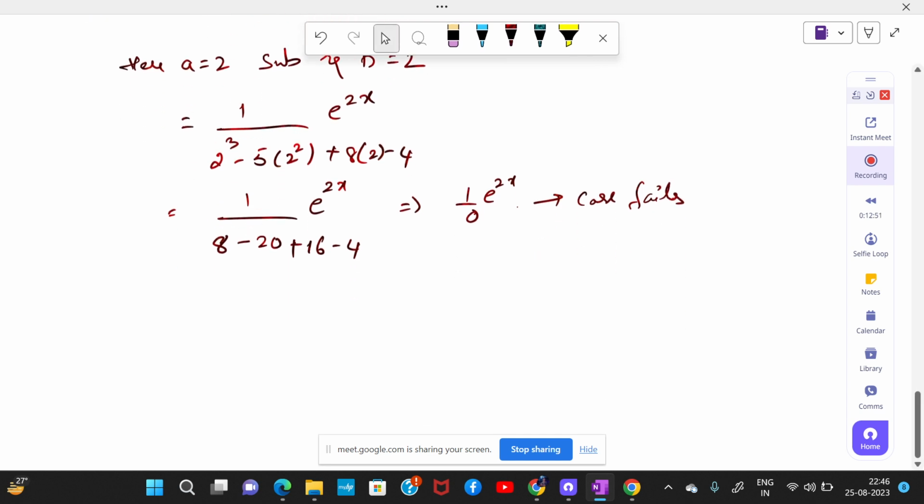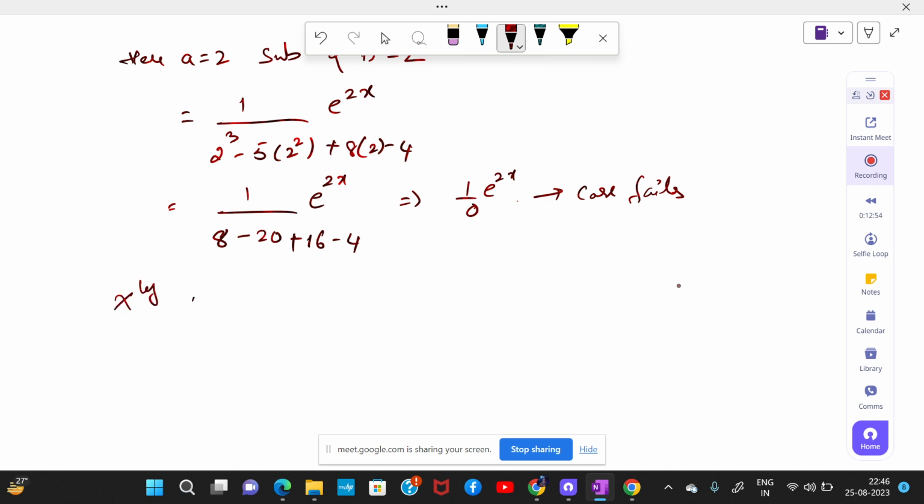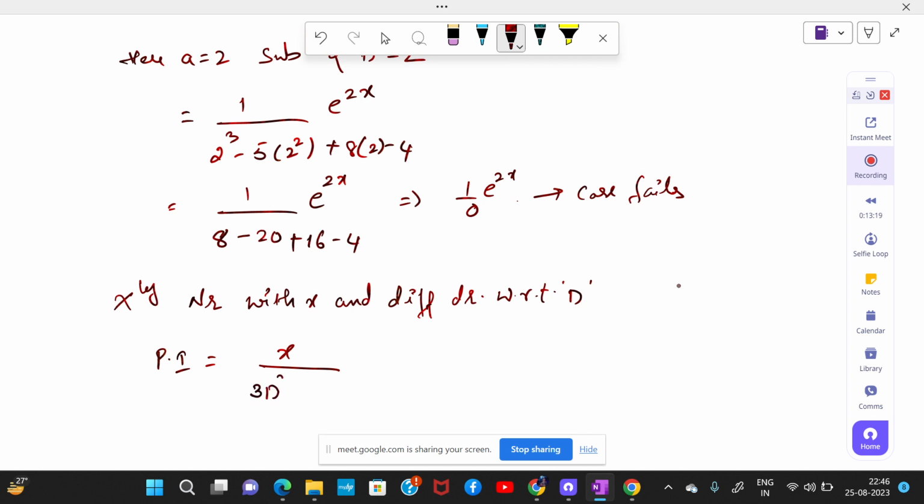In that case you multiply the numerator with x and differentiate the denominator with respect to D. Your PI is equal to x divided by the D cube differentiation, 3D square, minus the D square differentiation, 2D into 5, it's 10D, plus 8D differentiation, simply 8. Next the constant differentiation is 0, e to the power of 2x.